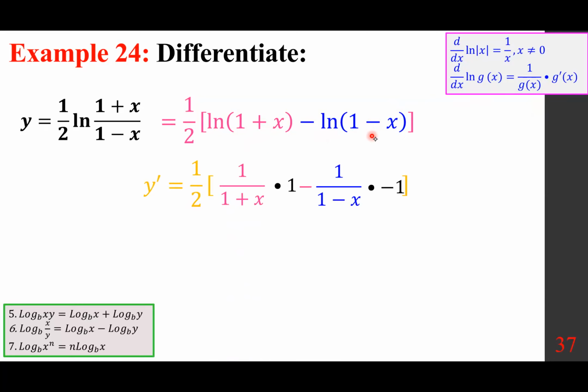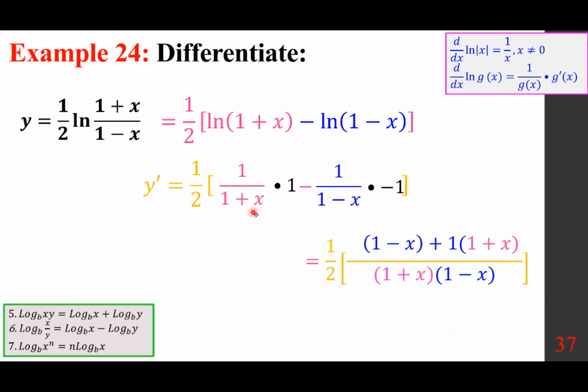Now let's take a common denominator. This is 1 plus x times 1 minus x. This 1 gets 1 times 1 minus x. This other term would be plus 1, minus 1 and minus 1, plus 1 times 1 plus x. So we have 1 minus x plus 1 times 1 plus x. So the common denominator and then the rest.